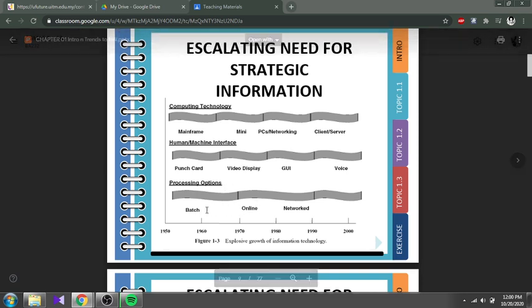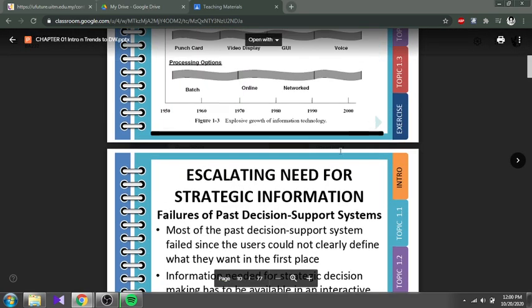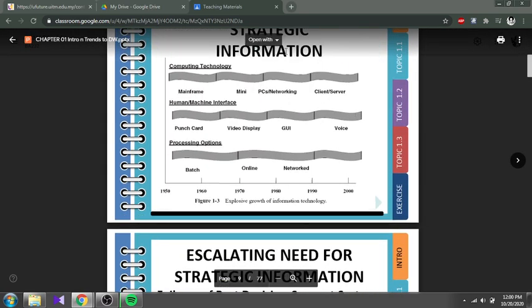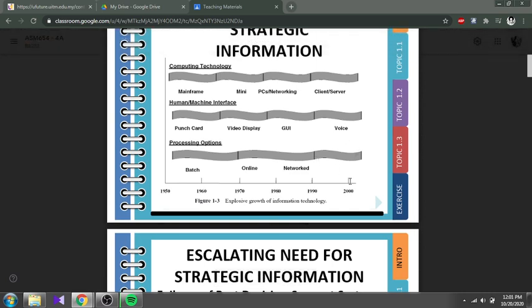And processing options were batch, online, and now it's a network. Now it's not 2000 anymore, now it's 2020. We are 20 years ahead of this time frame. Now there is 5G, as I said, in system analysis and design, our other subject.